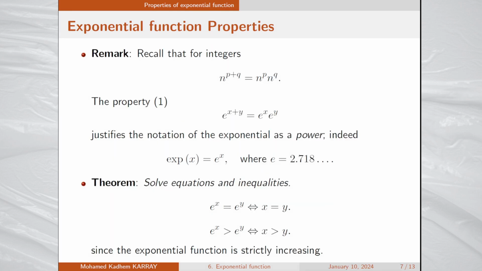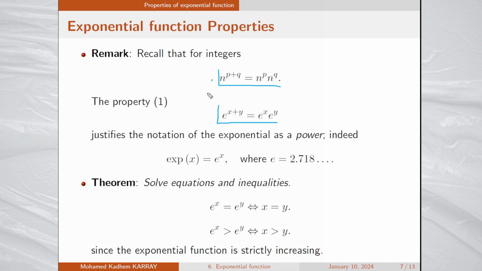We shall now justify the notation of the exponential as a power. Remember that for integers, we have that n power p plus q equals n power p multiplied by n power q. And the first property of the exponential function shown in the previous slide shows that the exponential of the sum equals the product of exponentials.